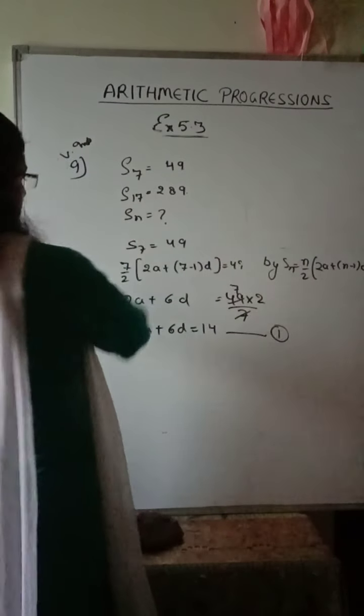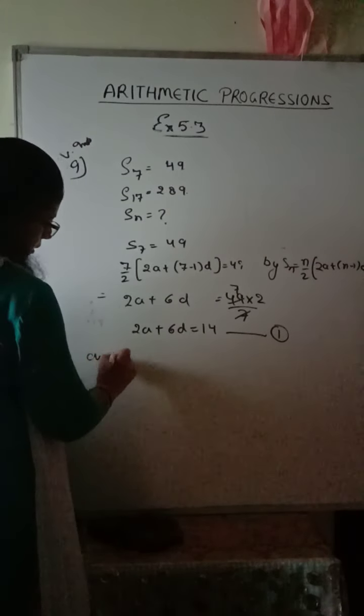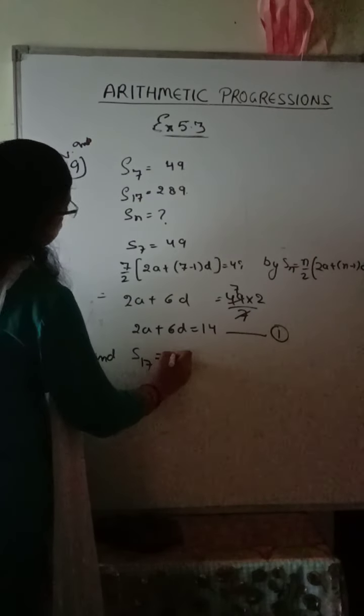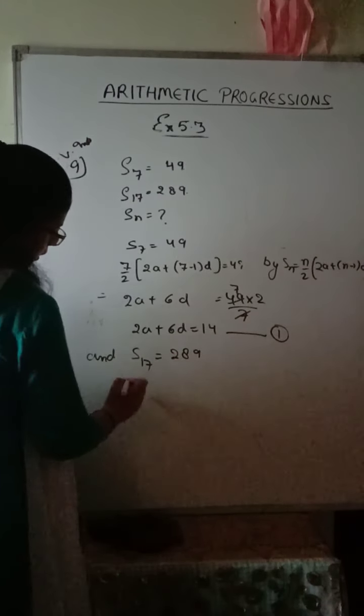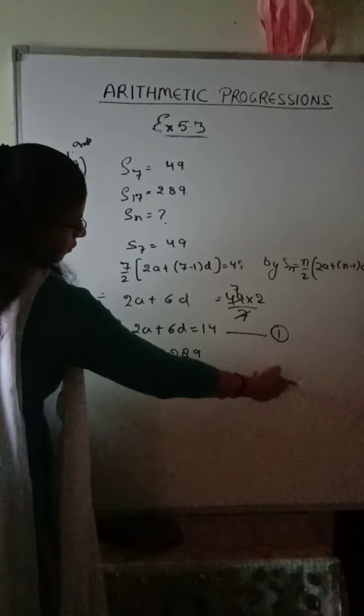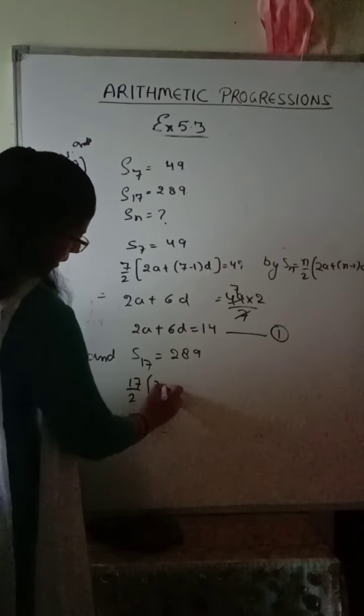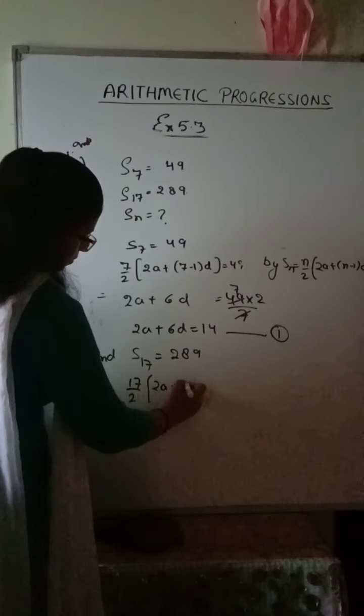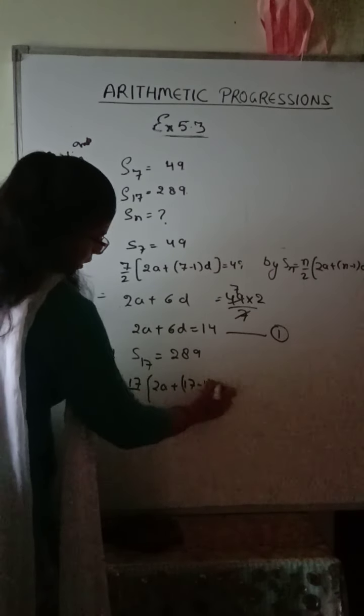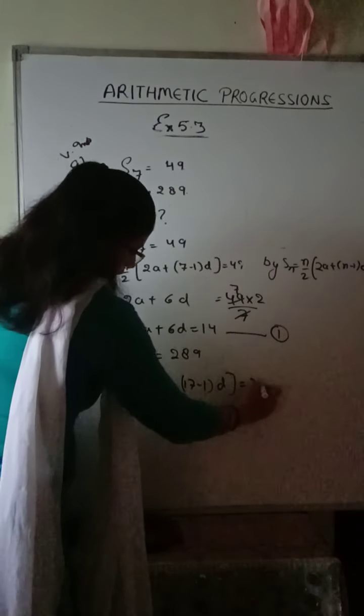Now let us take the 17th one. And S17 equals to 289. In the same way, by using this formula you write here n by 2, 2a plus n minus 1, 17 minus 1, into d is equals to 289.